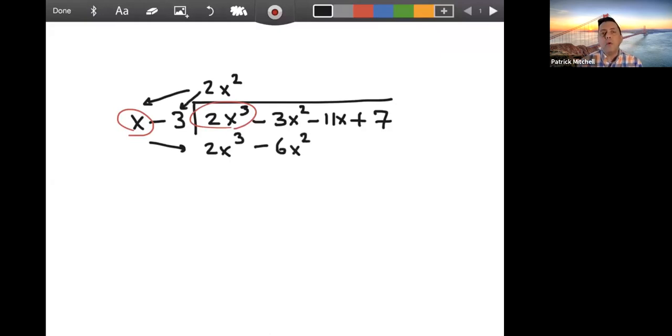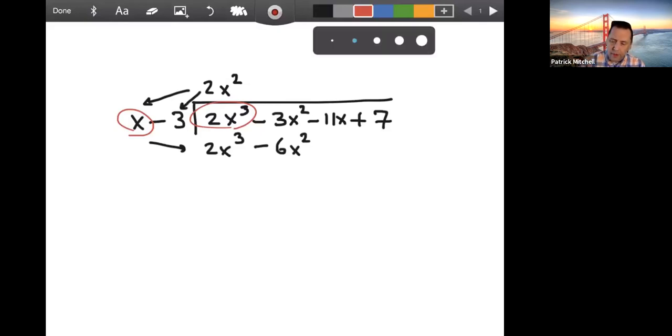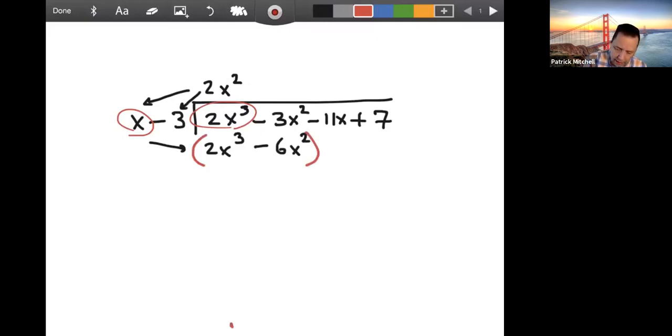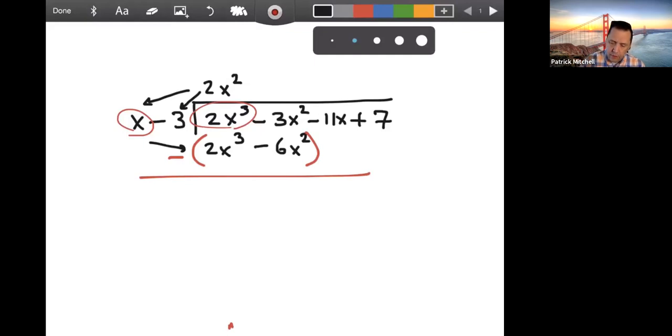All right, so we've done the divide, we've done the multiply, now we have to subtract. Now it's very, very important to subtract the whole thing. So I've written that product in parentheses. All right, so that's going to go 2x cubed minus 2x cubed will cancel, and those two should always cancel.